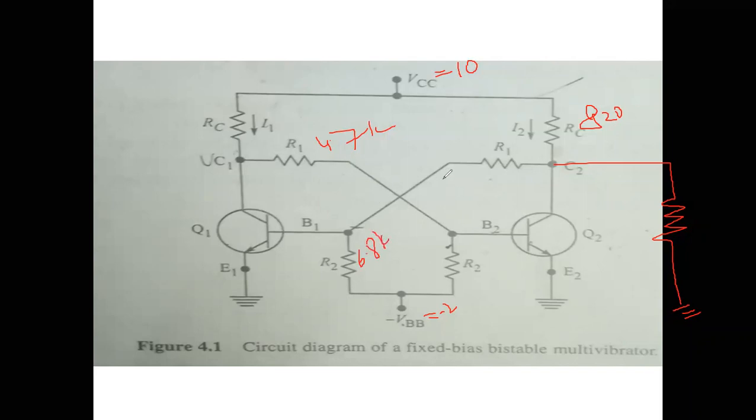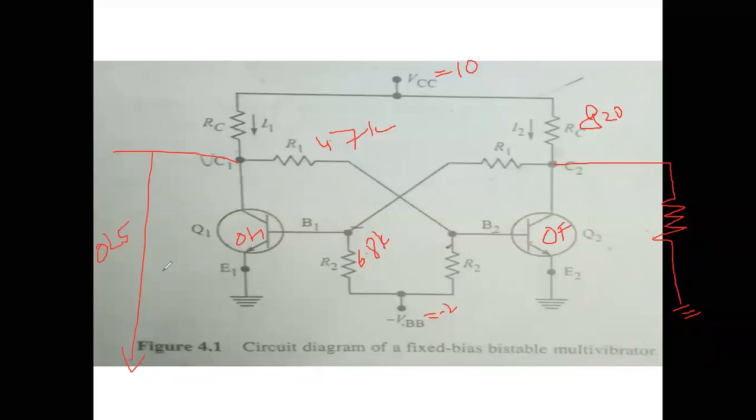They have also given VCE sat. Now this is the off transistor, and for the off transistor they have connected the load. This is your on transistor. VCE sat will be present for the on transistor, and they have given this value as 0.25.